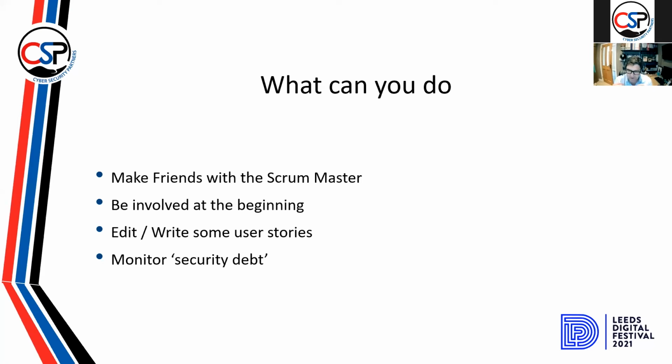And this is something, again, that's very much at the beginning, and it's to set the Scrum team off in the right direction, because trying to reel them back in is very, very difficult. And that's where that last point comes in, monitor the security debt. From a security debt perspective, people know this as technical debt.